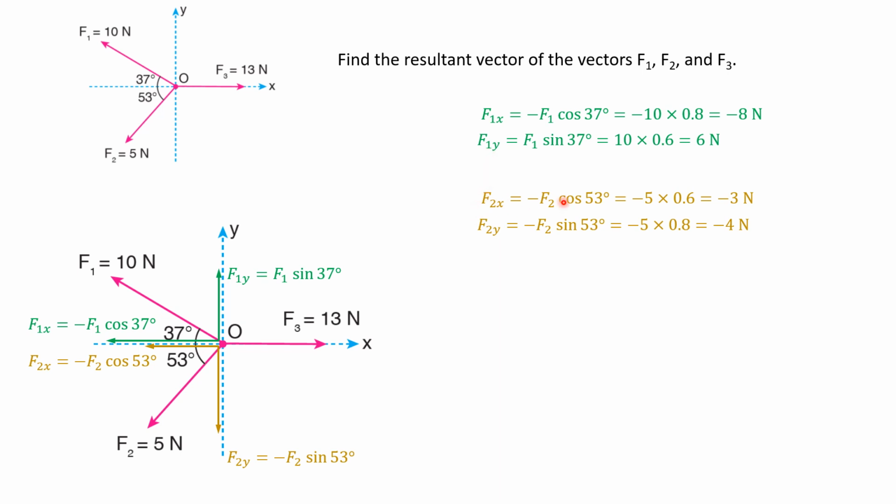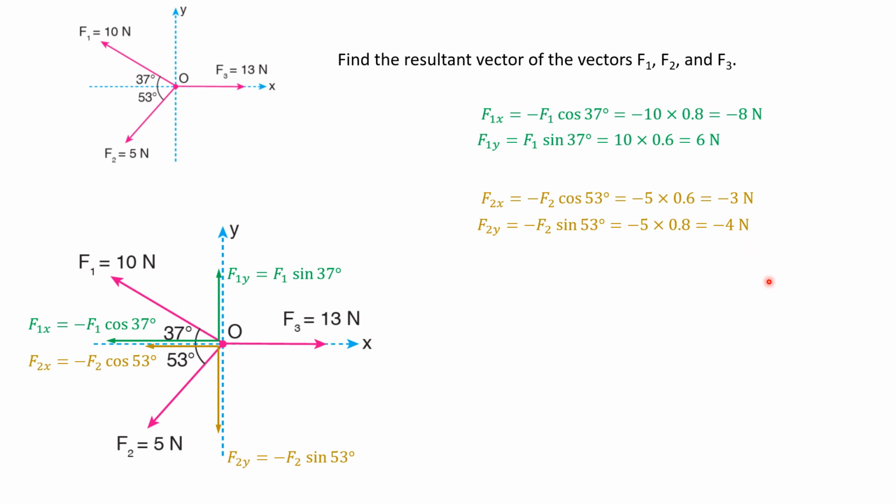In a similar manner, by noting that cosine 53 is 0.6 and sine 53 is 0.8, we get minus 3 newtons and minus 4 newtons for f2x and f2y, respectively.